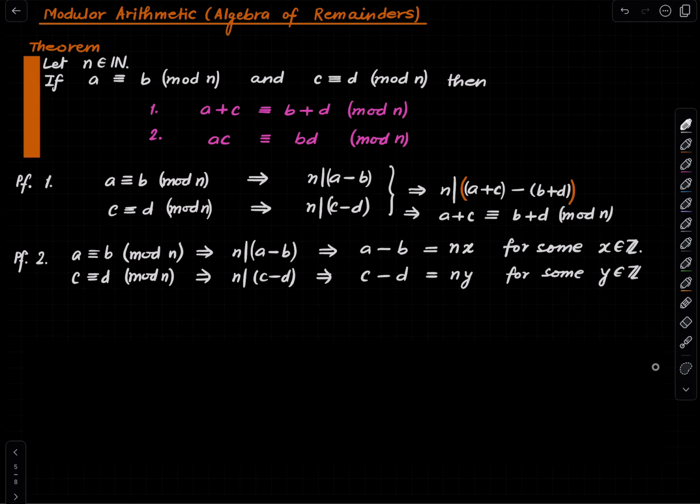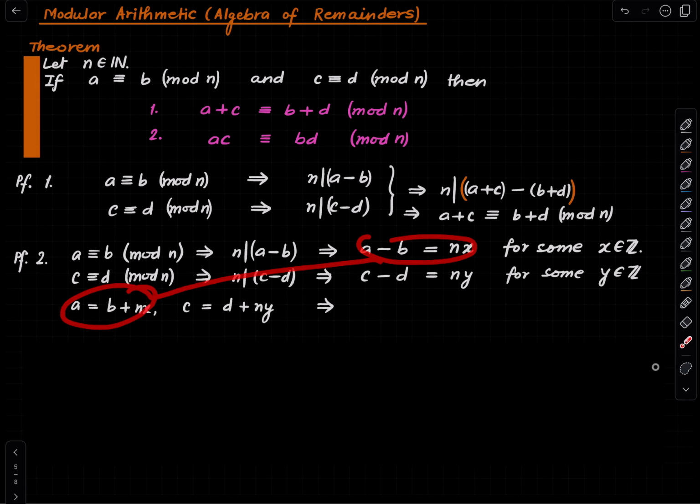So the first equation is just reading that A is equal to B plus nx, and the second equation is C is equal to D plus ny, right? So all I'm doing is that this gives that and this gives that. So now I'll just multiply these equations. These are honest to God equations in integers, and we can just multiply them.